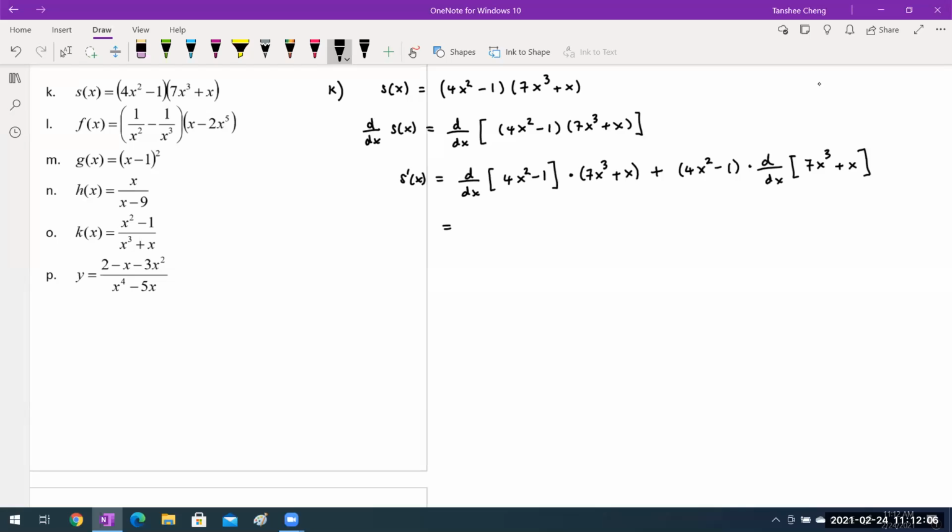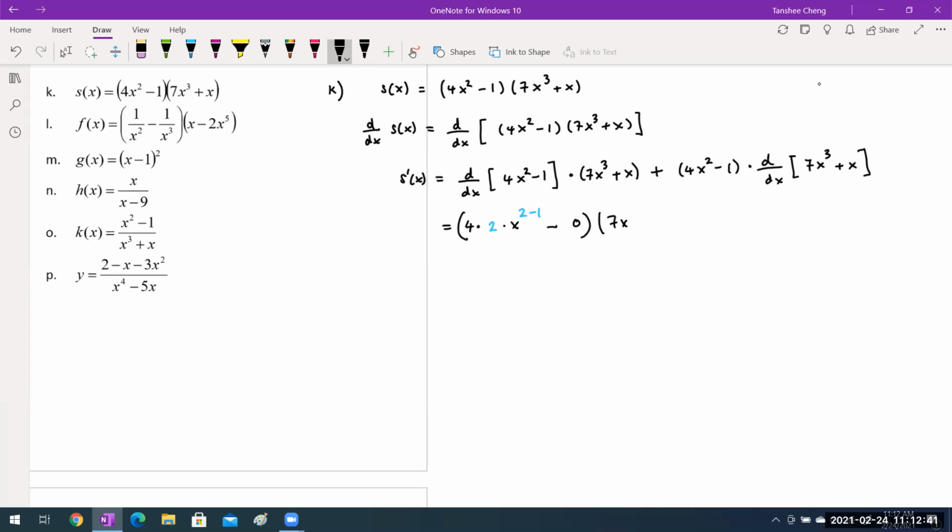Now, when we take the derivative, we can take it on each term. When we take the derivative of the first term, that will become what? 4 times 2 x to the 2 minus 1. And then minus the derivative of the constant, which is 0, right? The derivative of the constant is 0.